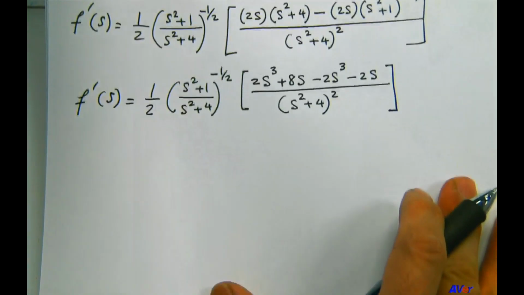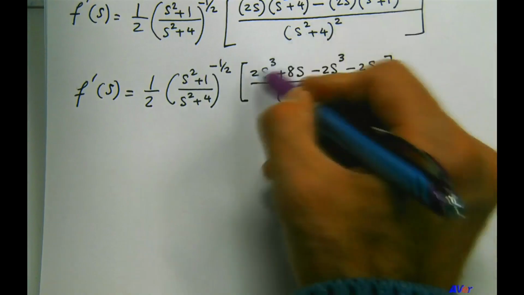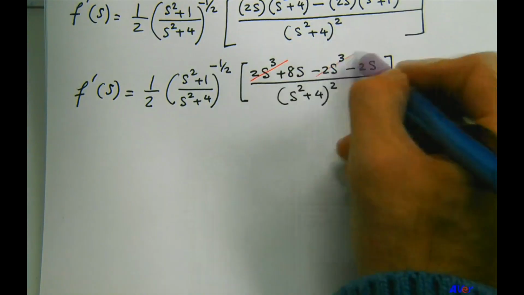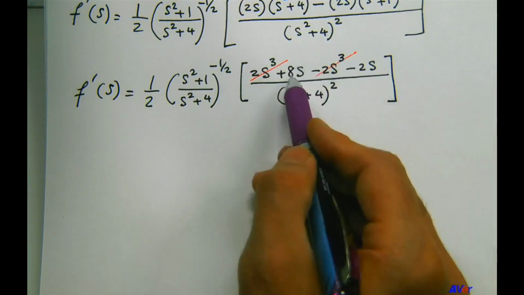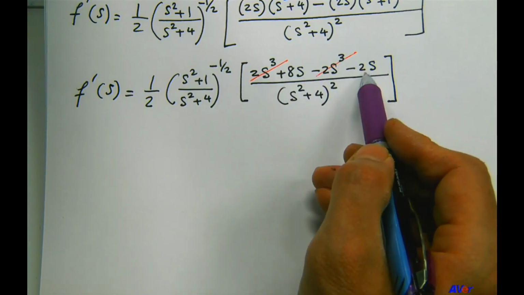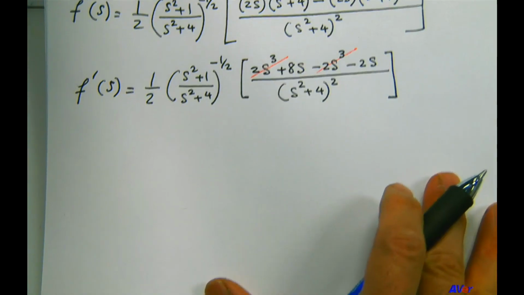Right? So let's simplify that. As you can see clearly, these two add up to 0, right? 2s cubed minus 2s cubed. 8s minus 2s, it's going to be 6s. So let's write that down.